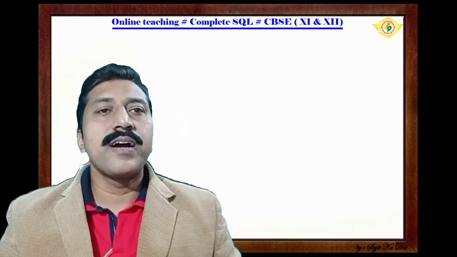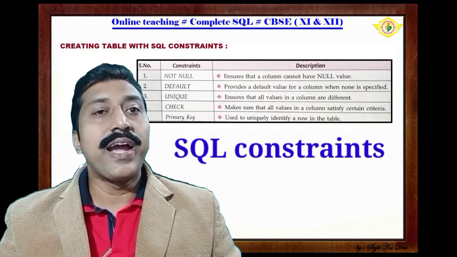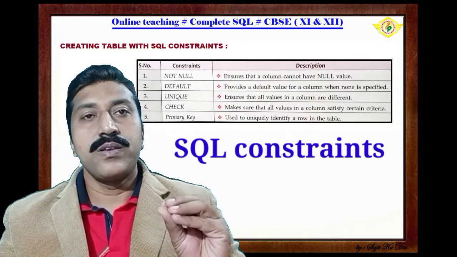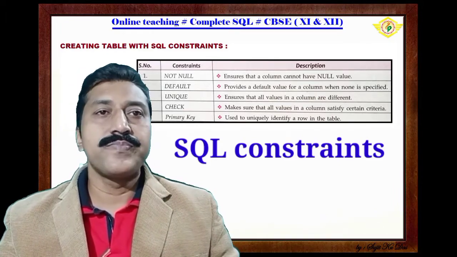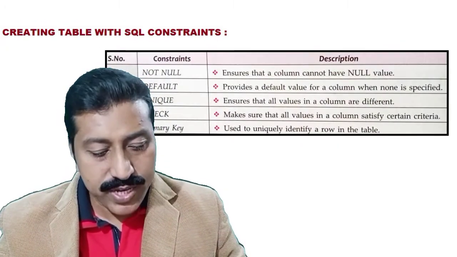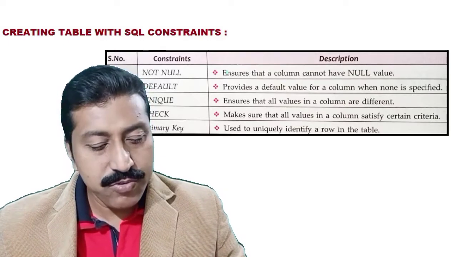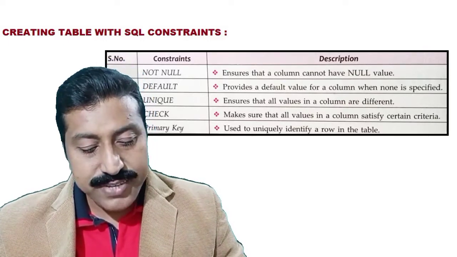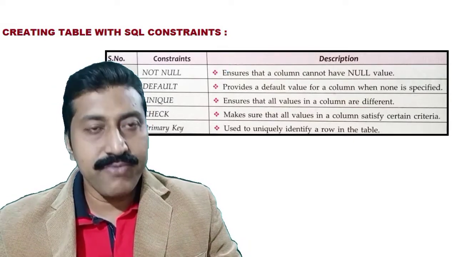So students, now we'll discuss some SQL constraints. While creating a table, it is very important to use them. So let us discuss one by one. The following constraints I am telling you. First one is NOT NULL, which ensures that a column cannot have a null value. Then the DEFAULT constraint provides a default value for a column when none is specified.